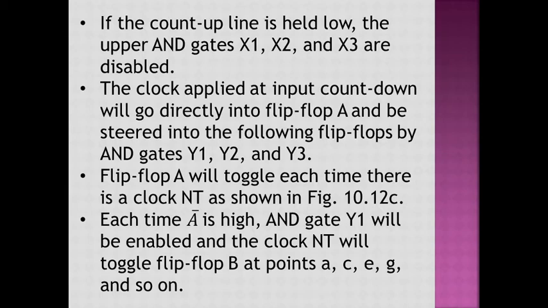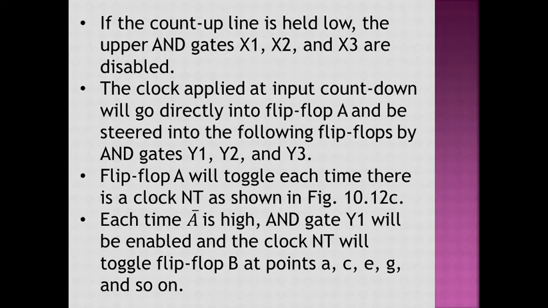If the count up line is held low and upper AND gates X1, X2, X3 are disabled, the clock applied at the input countdown will go directly into the flip-flop A and will steer the following flip-flops by AND gates Y1, Y2 and Y3.